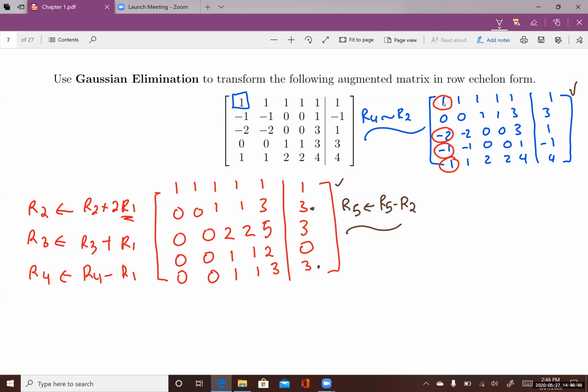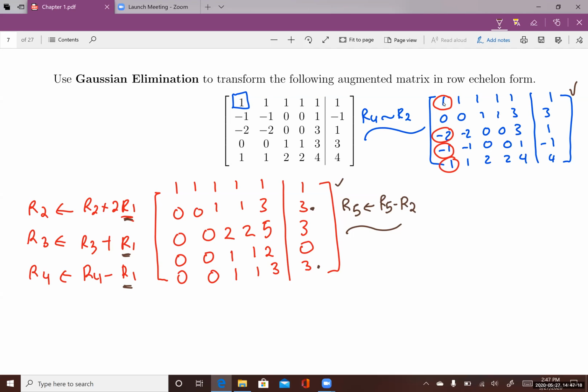As you pay attention to all of these operations, I replaced row 2, row 3, row 4 by applying operations to the first row, because row 1 is the good row, right? It is the row that is in good shape. So that's why I use the first row to operate on row 2, row 3, and row 4, and so on and so forth.